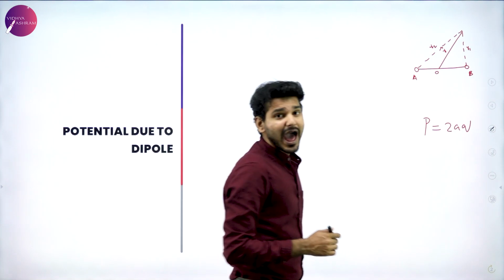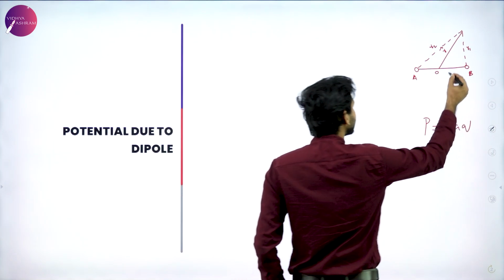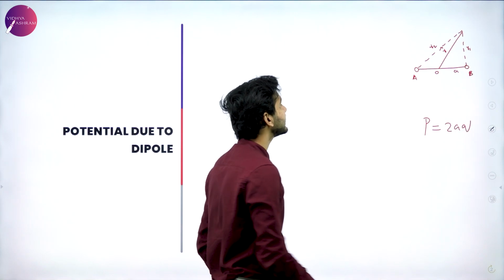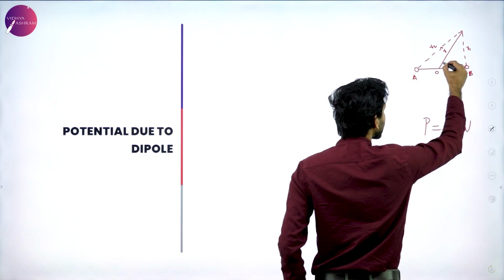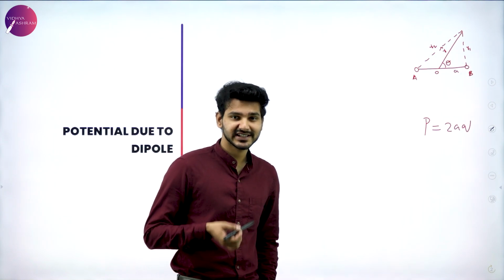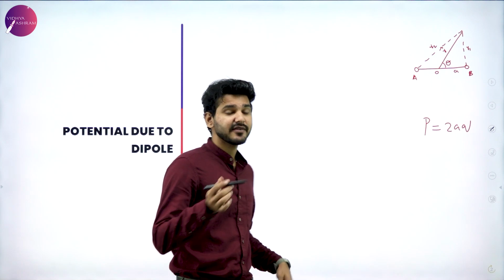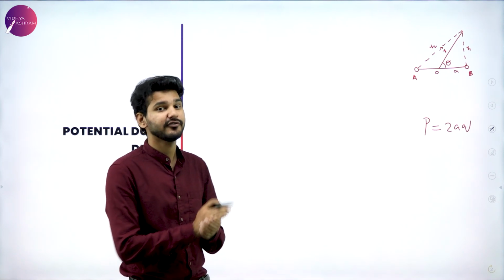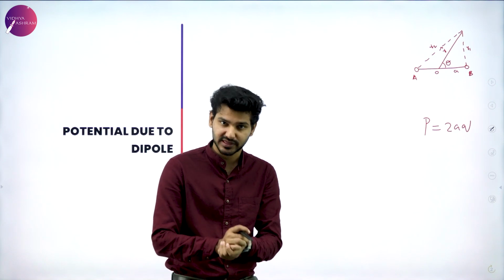We already know that this particular distance is a, and the center line is making an angle of theta. From this point onwards, it's purely mathematical, and we are going to find out what R1 and R2 actually are. For that, we are going to seek the help of mathematics.